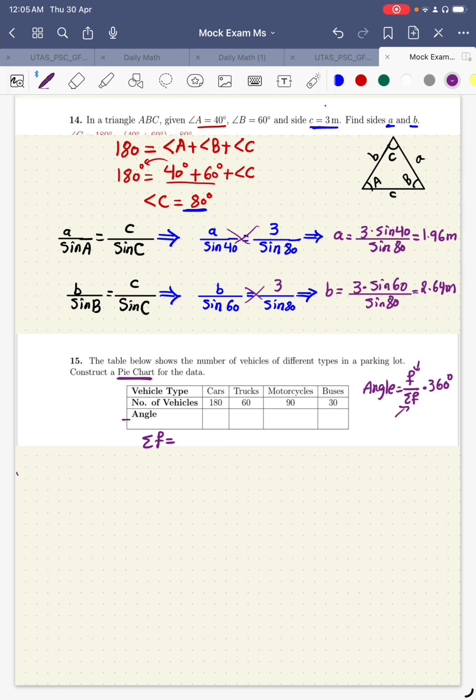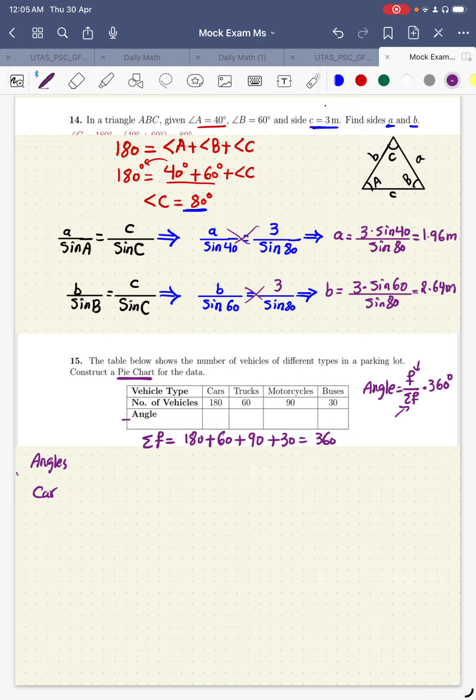For example, cars 180 plus trucks 60 plus motorcycles 90 plus buses 30, which if I add all of that, it will be 360.